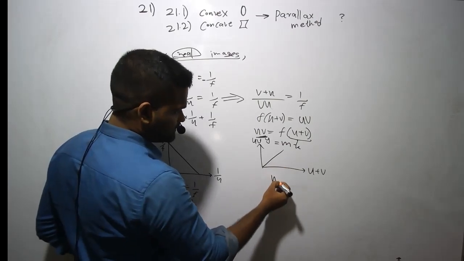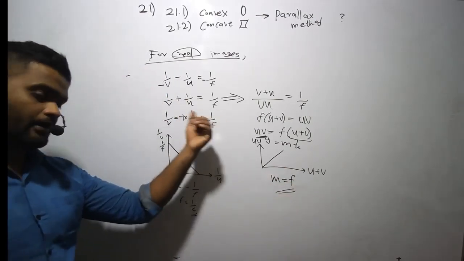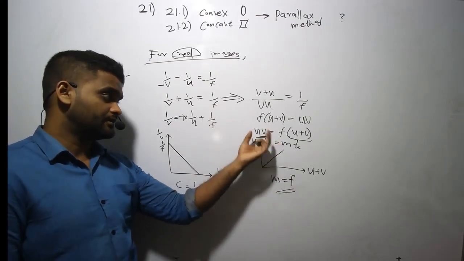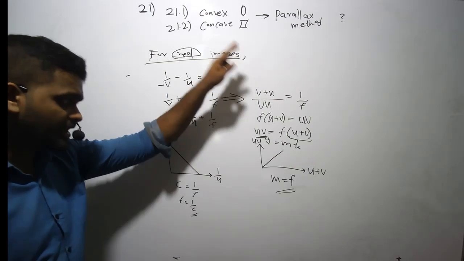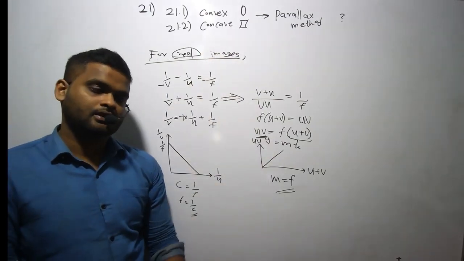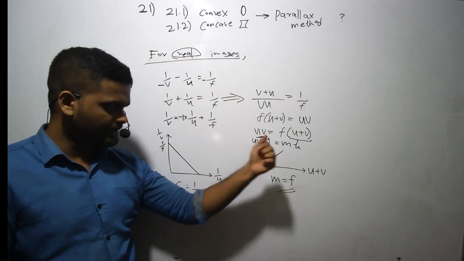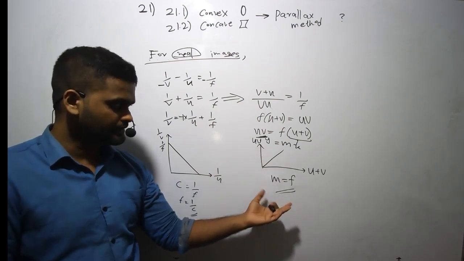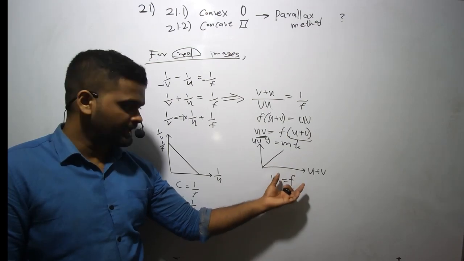So the gradient of this graph is equal to what? Focal length. You already have coordinates for U and V, 6 coordinates, so you can draw these graphs as well. In the exam, you might get graphs related to these, so you should know. In this case, the gradient is equal to the focal length.